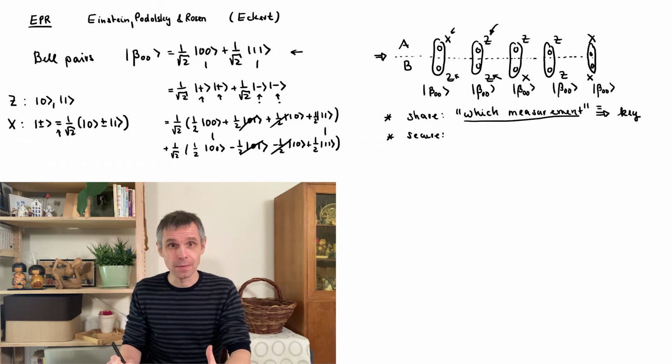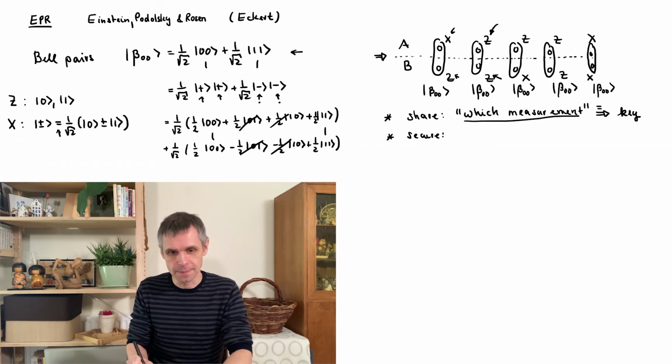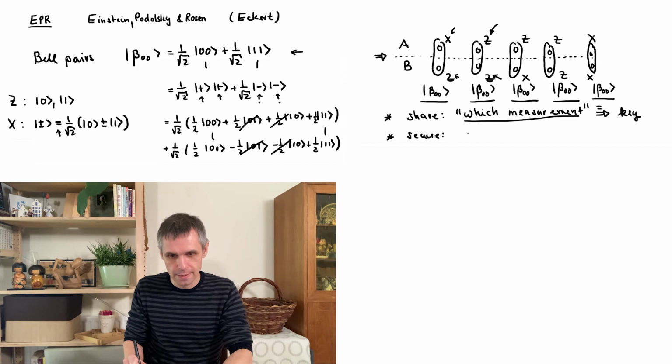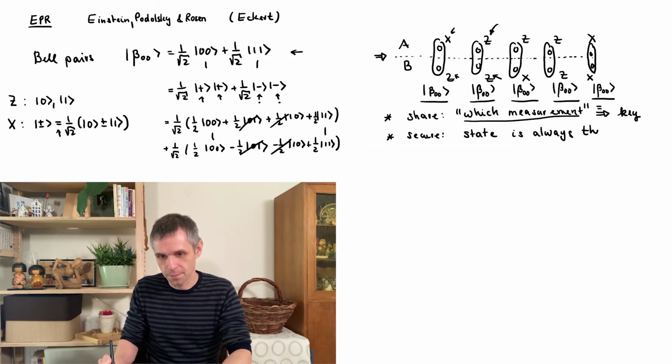And secondly, when one wants to intercept one of these quantum bits, well, this is even more fascinating, because in all of these cases, these quantum bits have been prepared in exactly the same state. So one does not even need to manipulate the quantum bits depending on the key that one obtains, but the state that one deals with is always the same.